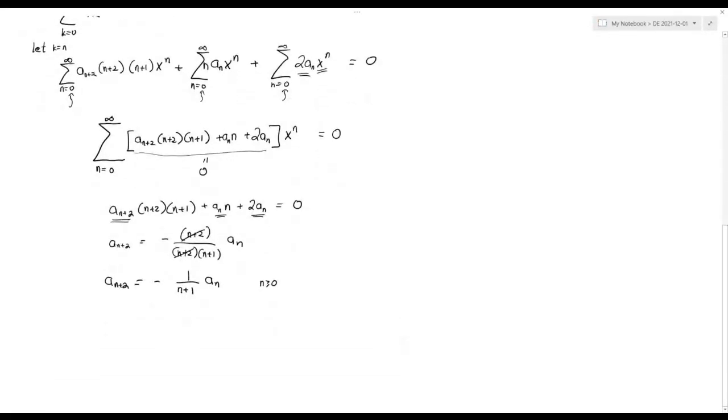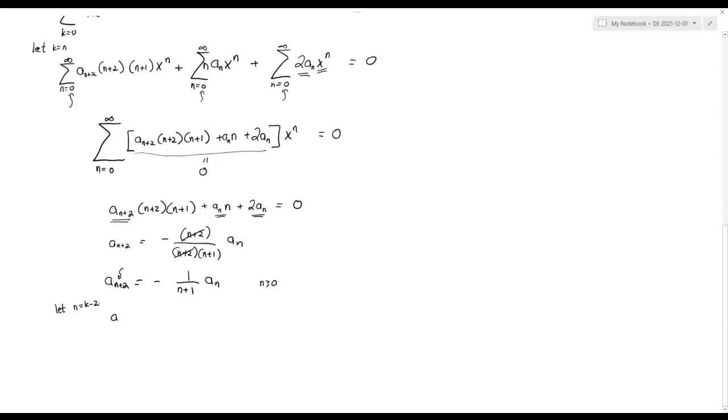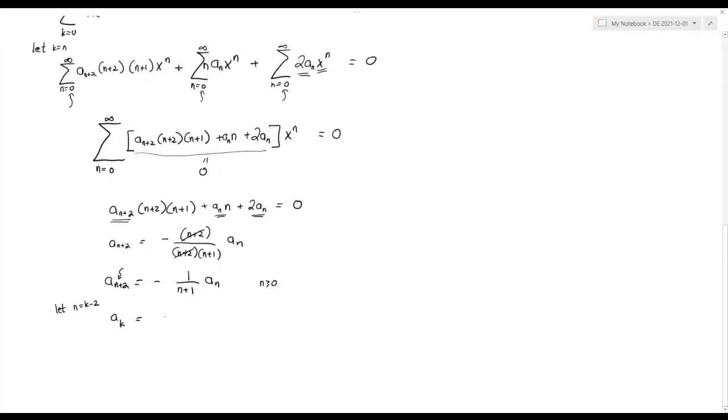Now what I'm going to do is shift indices again. I'm just going to replace n with k minus 2, if you'd like. Again, I'll do this more deliberately. I typically don't use an intermediate index here, so let n equal k minus 2, so you get a sub k.